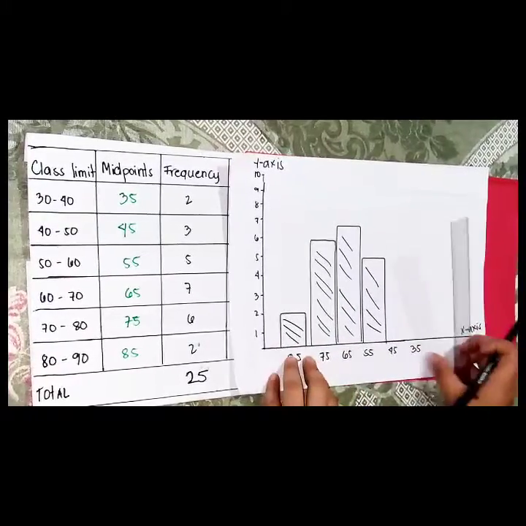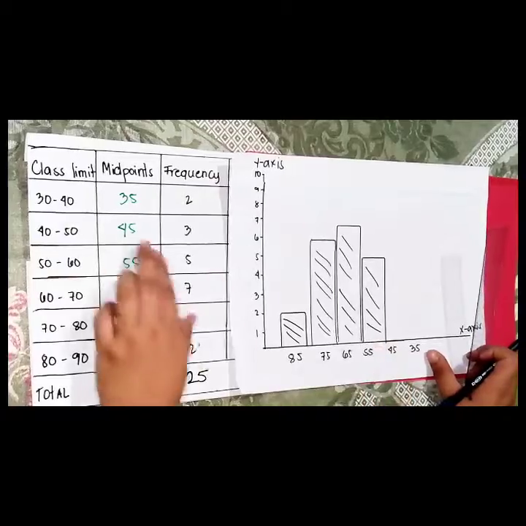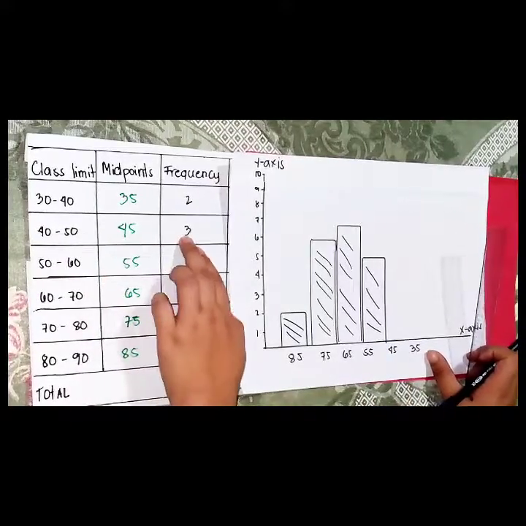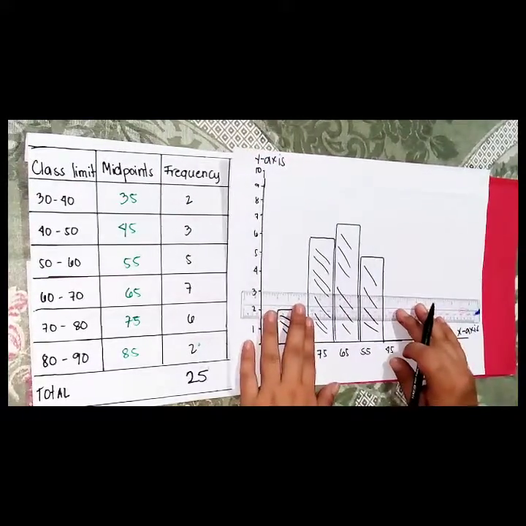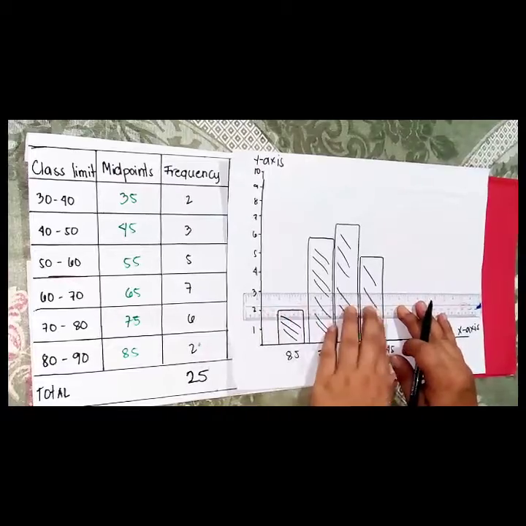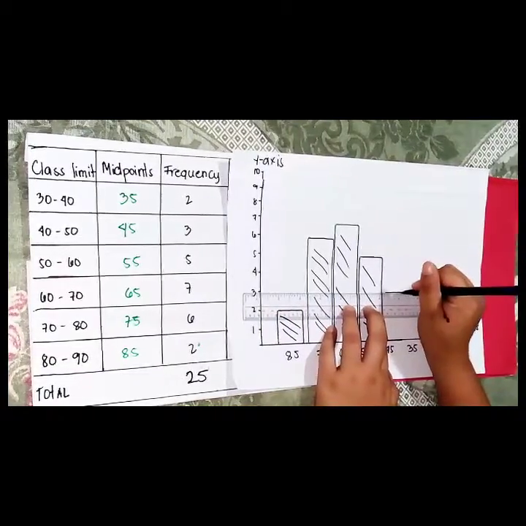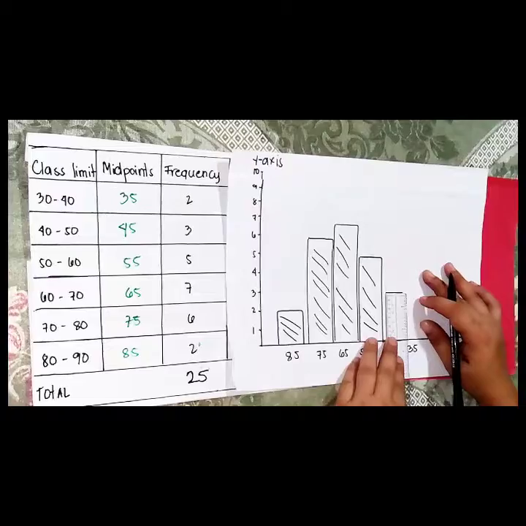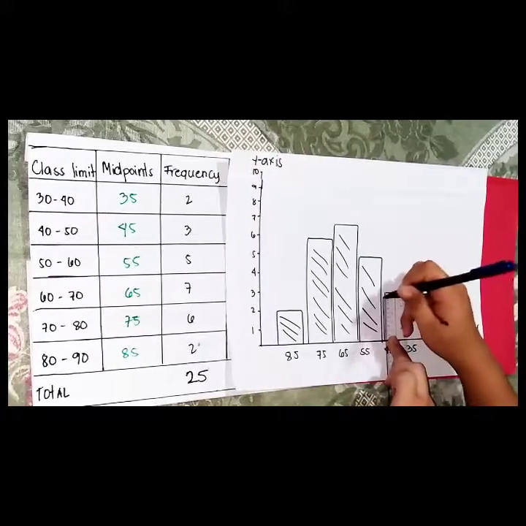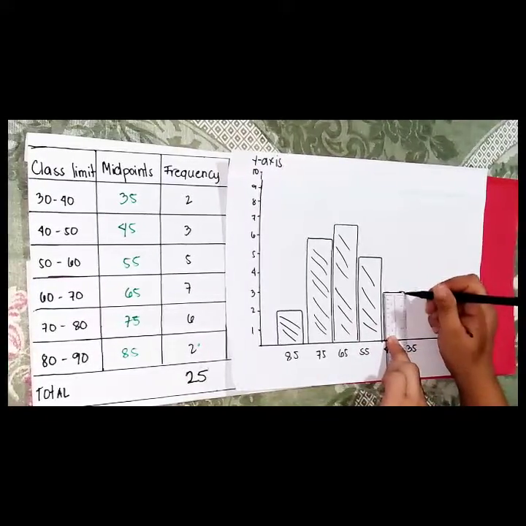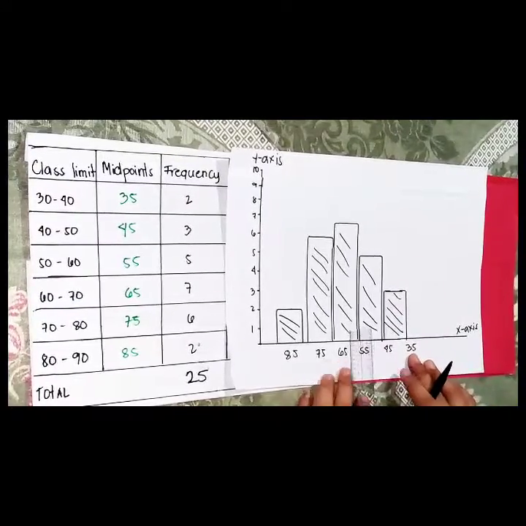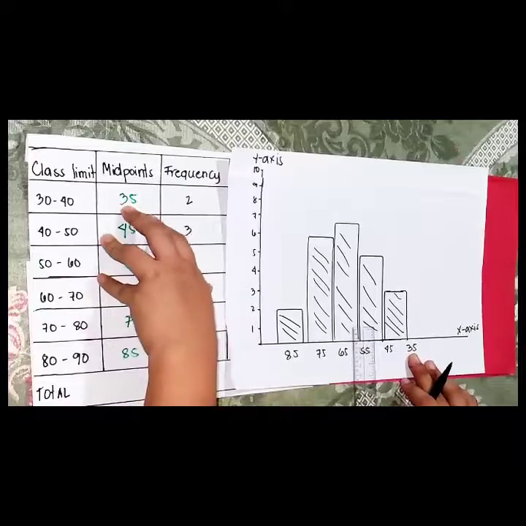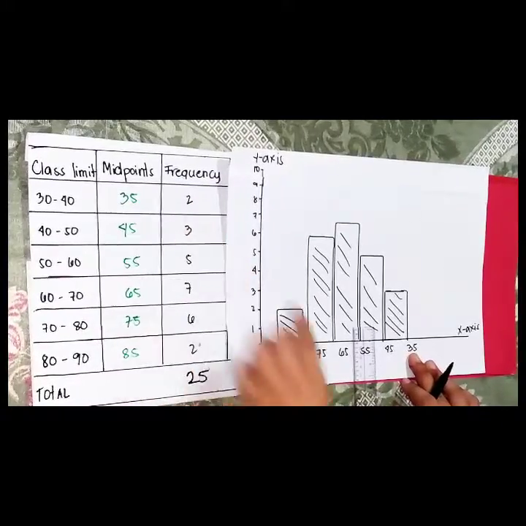And now, in our x-axis, we have 45 and a frequency of 3. So for 45, we have a frequency of 3, which is here. And last, we have an x-axis of 35, which is our midpoint, and we have a frequency of 2.